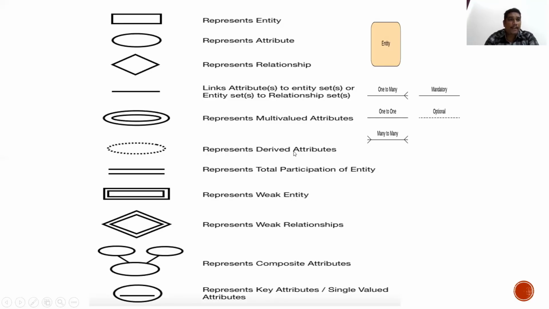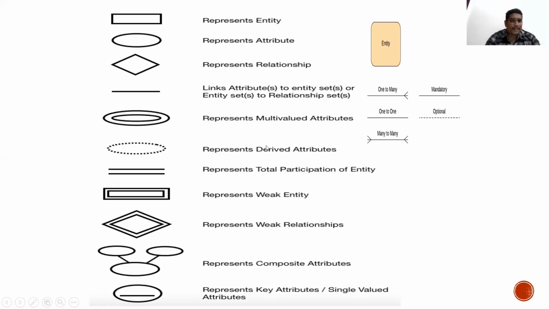Next, derived attributes. A derived attribute doesn't have any information of its own, but takes the information from another attribute.